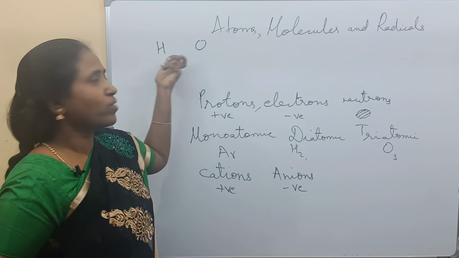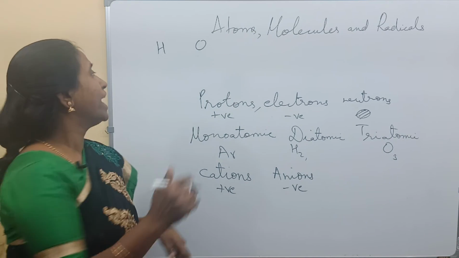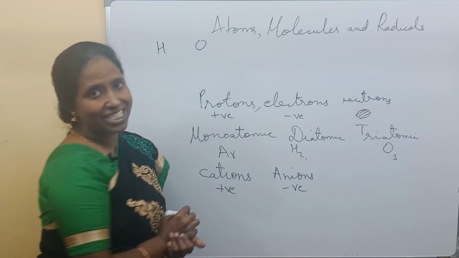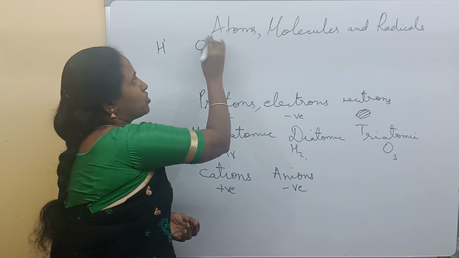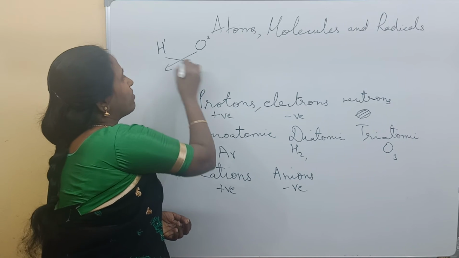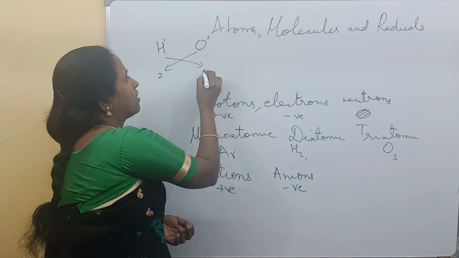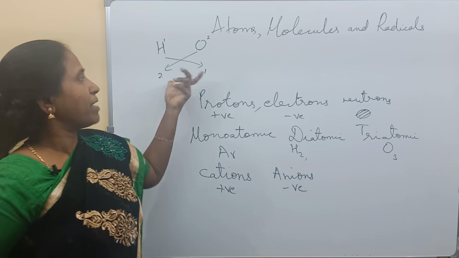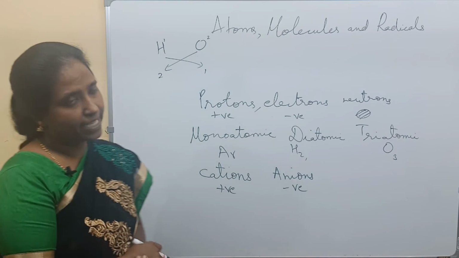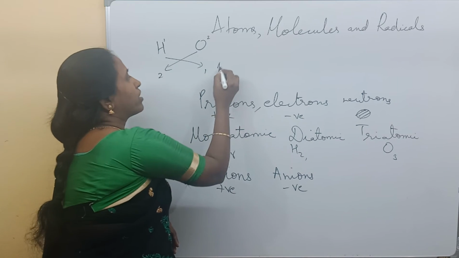First we write the symbols H and O, then we write the valency. Valency of hydrogen is 1, oxygen is 2. Then we exchange. If it is 1, we ignore it. If the same number is there, we cancel it, and that is how we write the molecular formula.